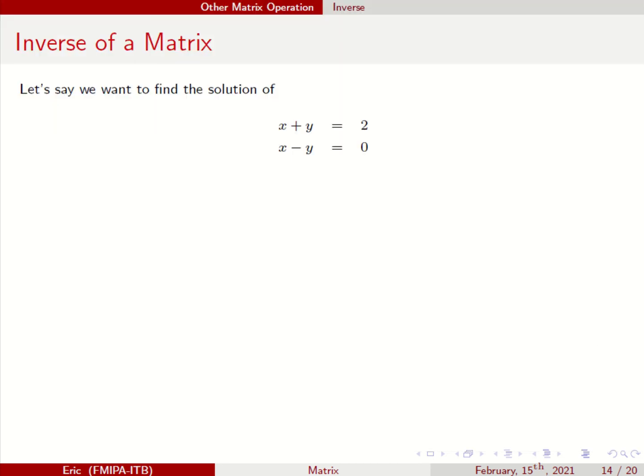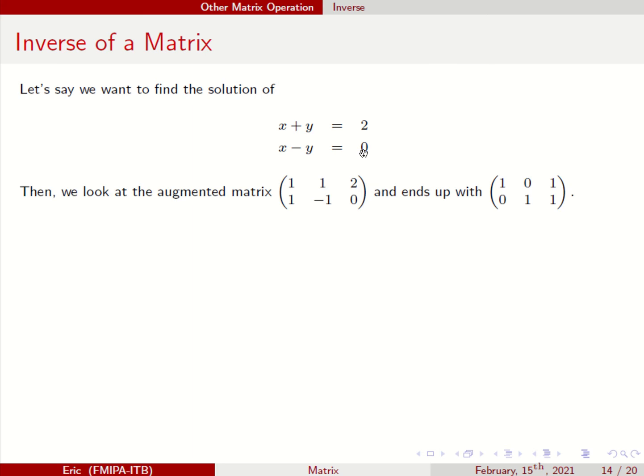Let's continue then. I want to find the solution of this system. We look at the augmented matrix, and after doing elementary row operations, you end up with the reduced row echelon form, which is [1 0 | 1; 0 1 | 1]. So I'm talking about a system of linear equations that has only one solution.